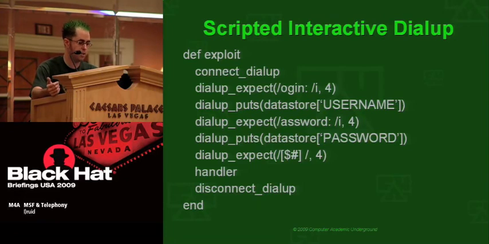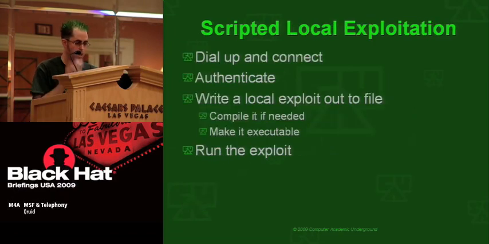Here's an example. Basically it connects, expects a regular expression that matches the login prompt. You send the username you've put in the data store for the exploit, expect the password prompt, and so forth. And then call the handler once you've logged in. That'll give you your session in your session manager. You can connect to it and run commands, do whatever you want to do.